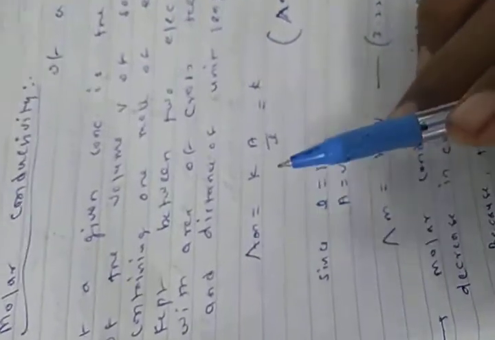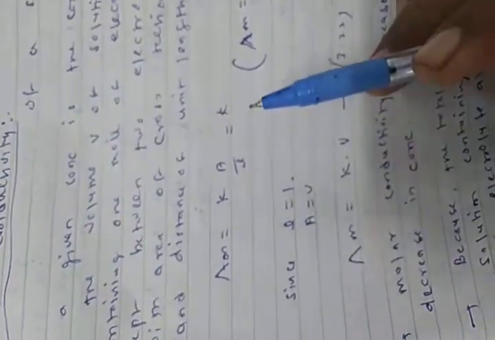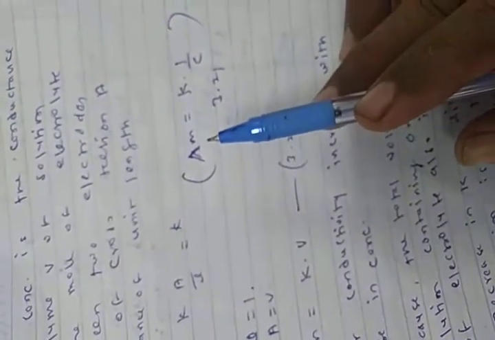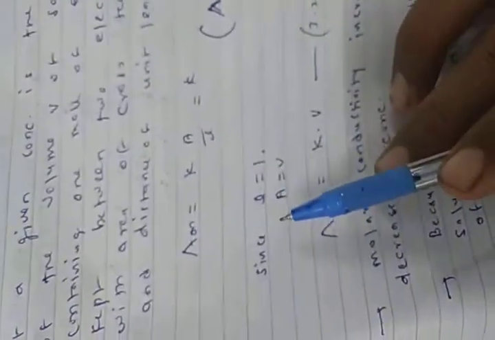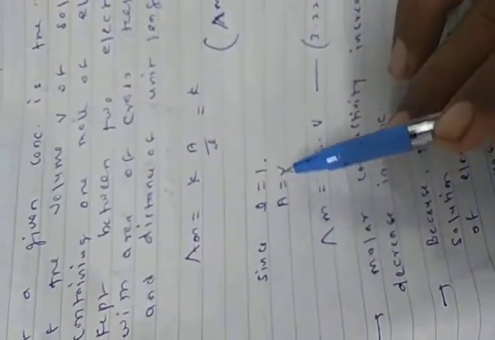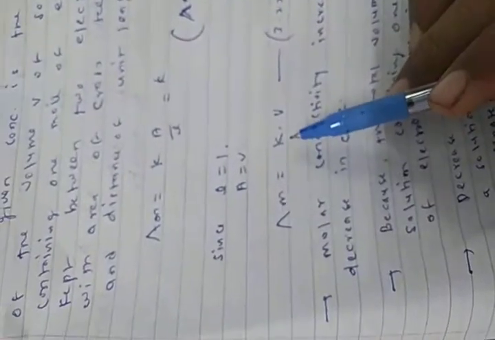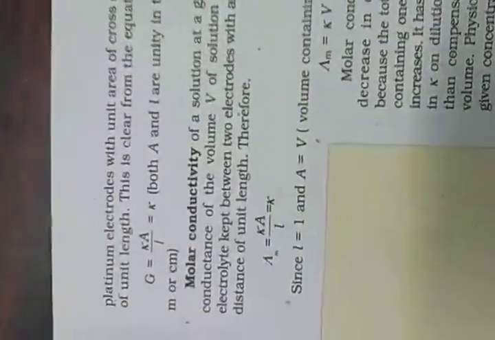So molar conductivity is equal to K A upon L, where A is the area. Equation 3.21 we did yesterday: molar conductivity is equal to K times 1 upon C. Since L is equal to 1 and A is equal to V, by putting these values in this equation, you get molar conductivity equal to K, and instead of 1 upon C we keep the volume V. So this is the new equation 3.22.